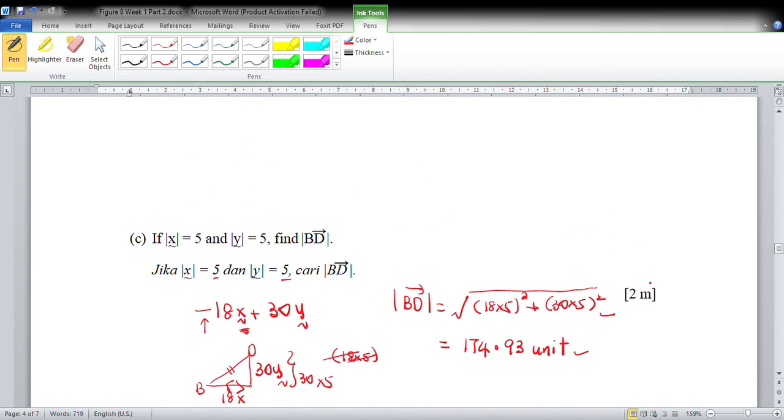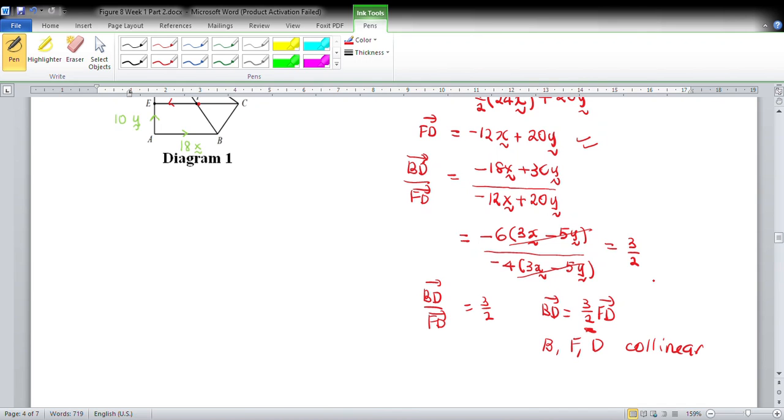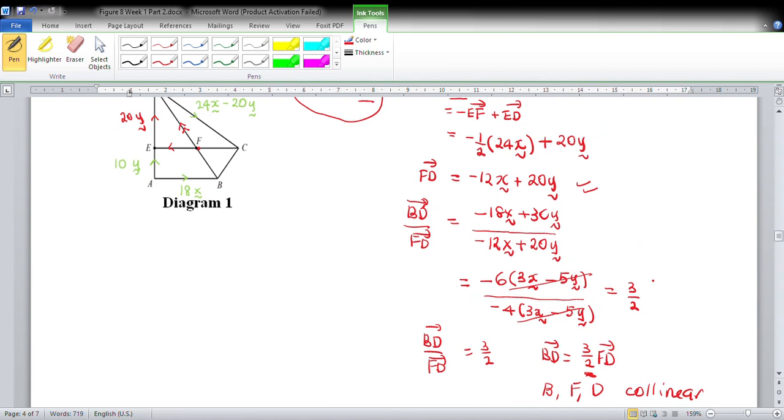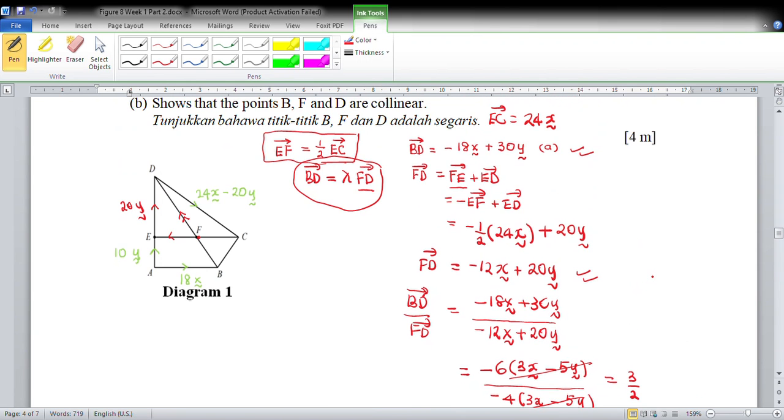Let's go up to B. You get your marks when you are able to find, for example, EF, and then you are able to find FD. So 1, 2, and then you are able to make a connection and find this 3 over 2.